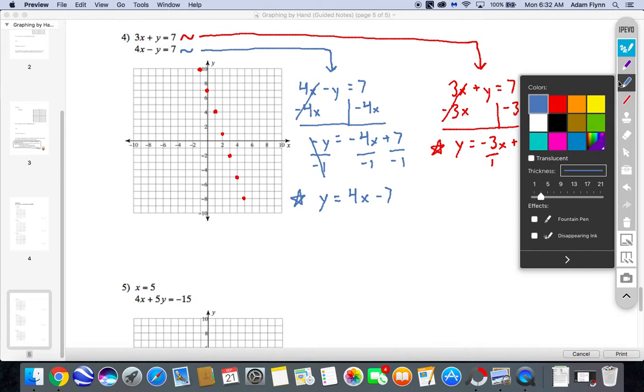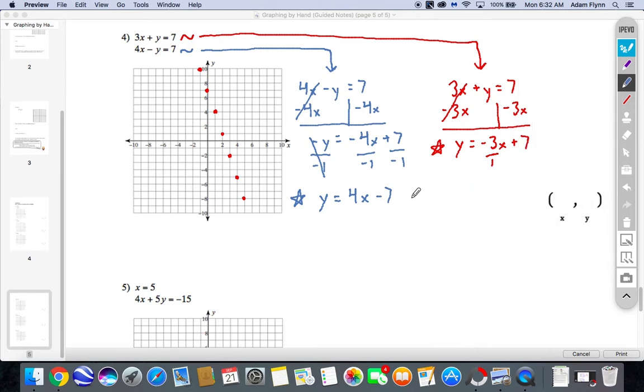Now time for my blue line. Okay, y-intercept is going to be -7, so I'll start at -7. And from there, my slope is just 4. It's the same thing as 4 over 1, so I can go up 4, 1, 2, 3, 4, and to the right 1. Up 4 to the right 1.